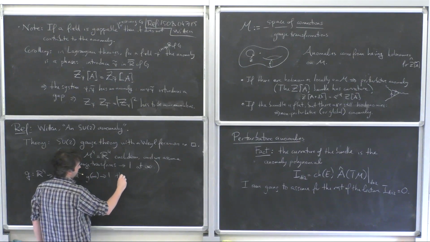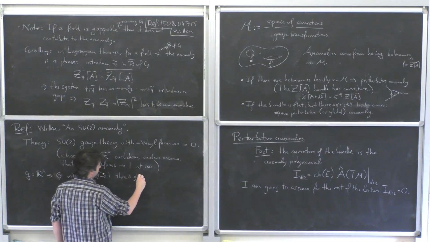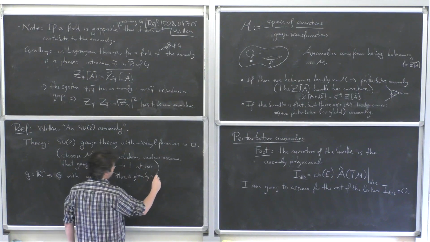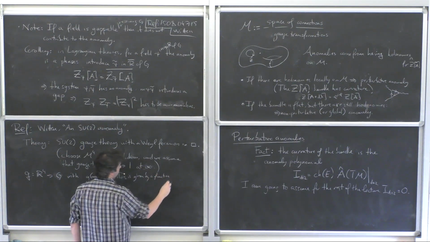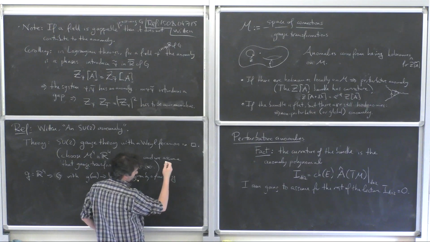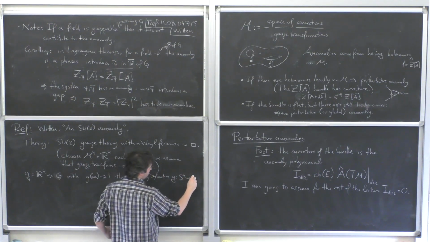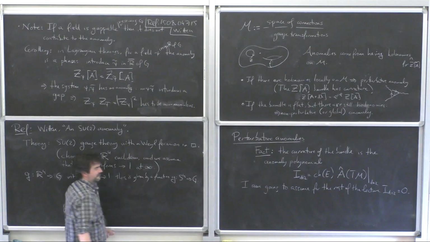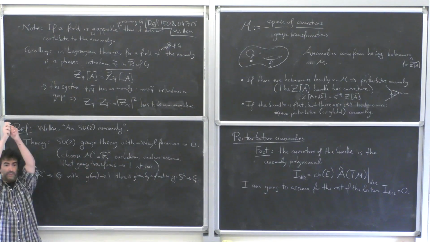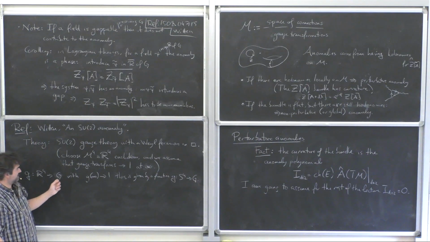This is specified by a function, I'm still going to call it g, put a hat if you want, from S4 to G. So the idea here is that you can take infinity and compactify it to a point, because the image of this function at infinity is the identity.